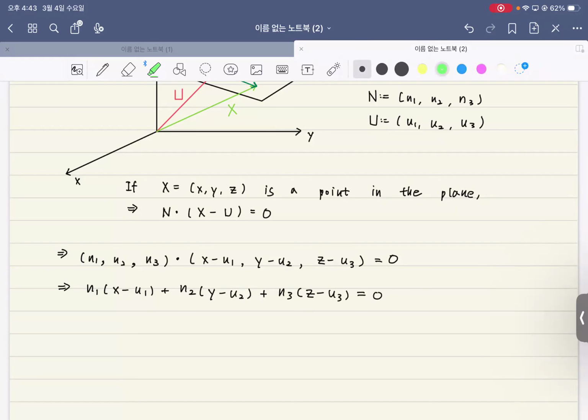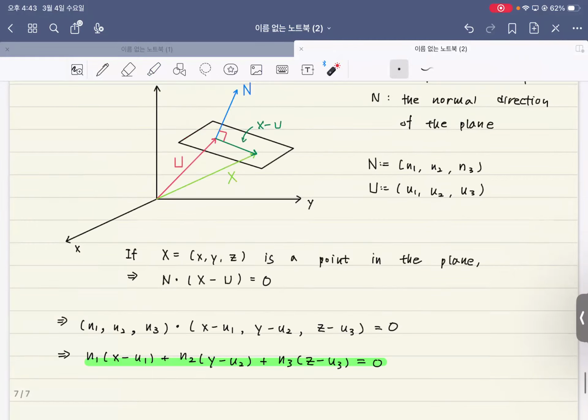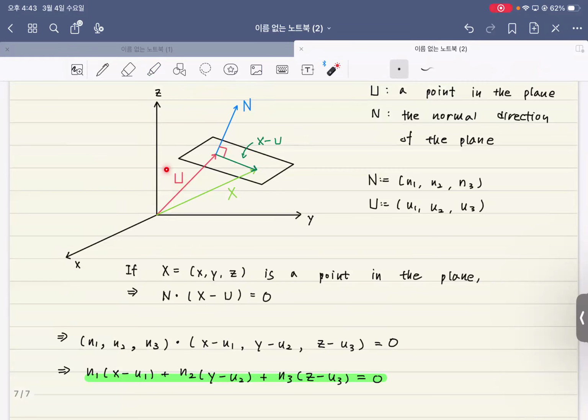Well, okay, I just ended up with a single equation, a single liner. And I claim that this equation is also representing the plane which is normal to the vector N and passing through the point U, given by this single equation, one liner.